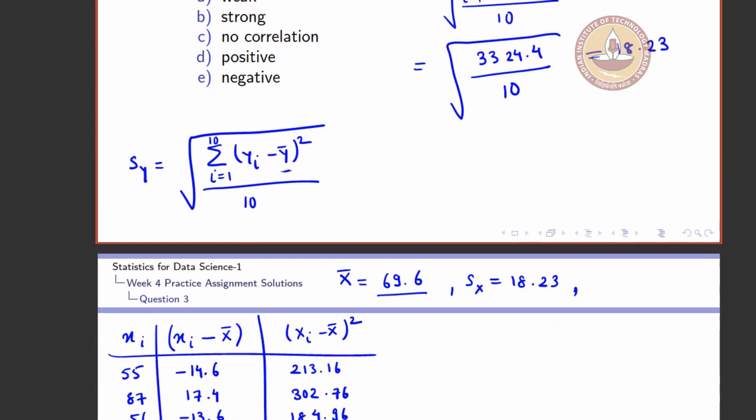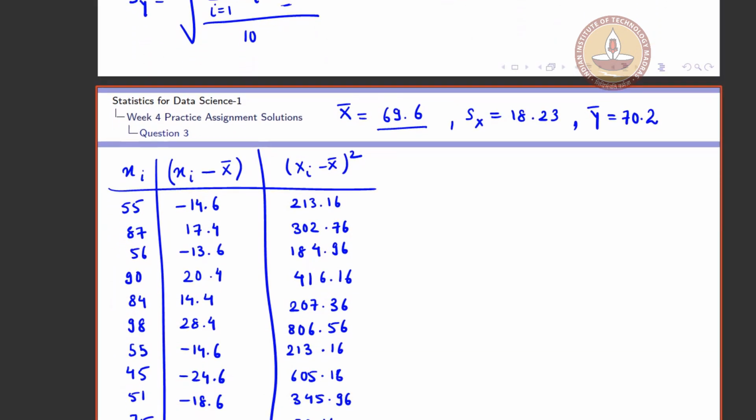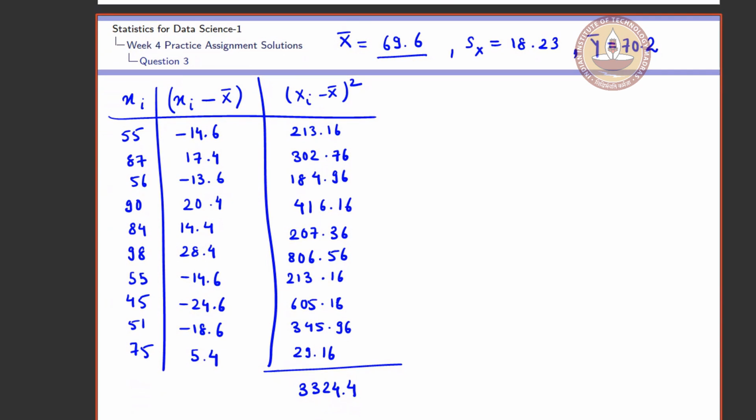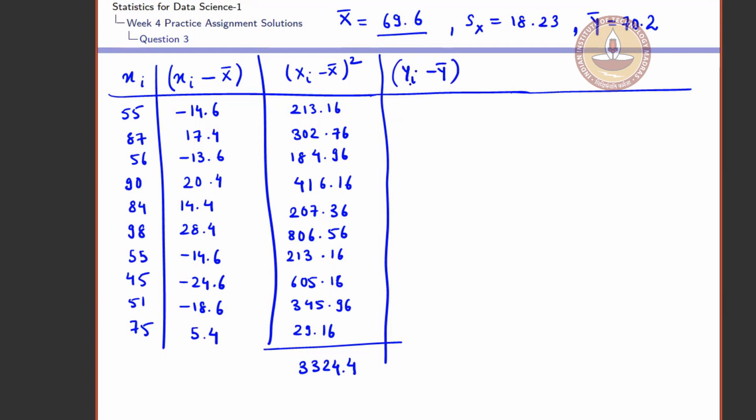So let's write it here. So y bar is 70.2. Now let's find out the deviation of the mathematics exam scores from the mean of the mathematics exam score. So let's calculate the deviation. So this is yi minus y bar. So let's first write yi.